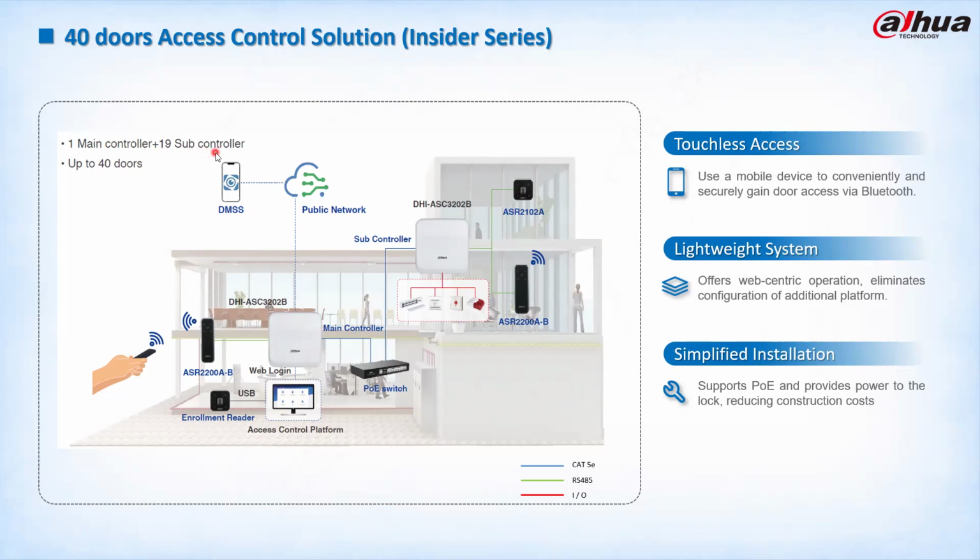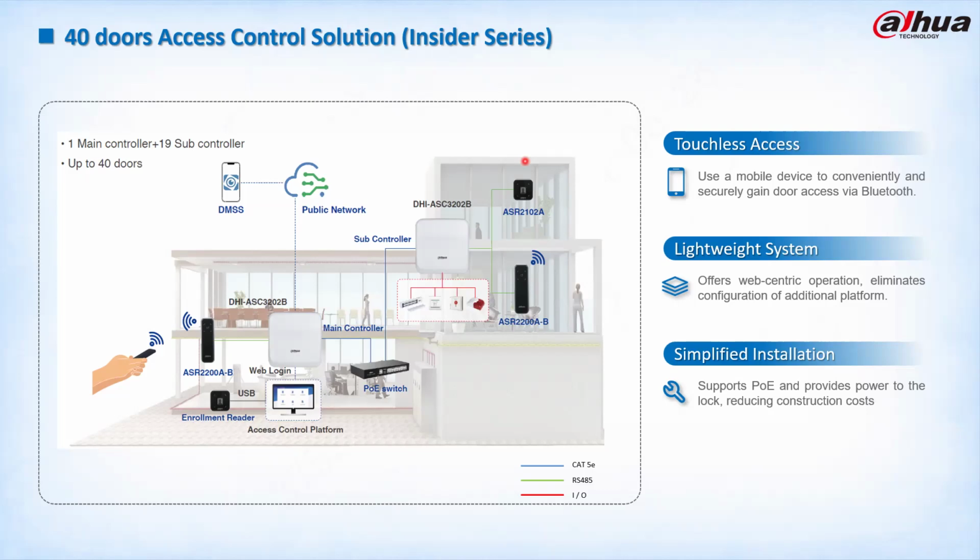The main highlight for the Insider series is that it provides touchless access, meaning that one can use a mobile device to conveniently and securely gain access through Bluetooth connection pairing with the user's mobile phone.